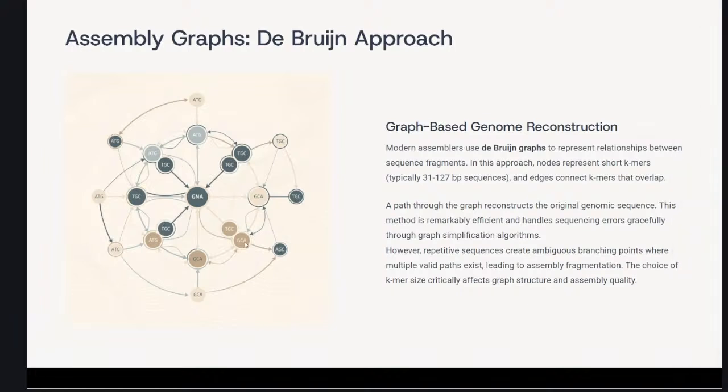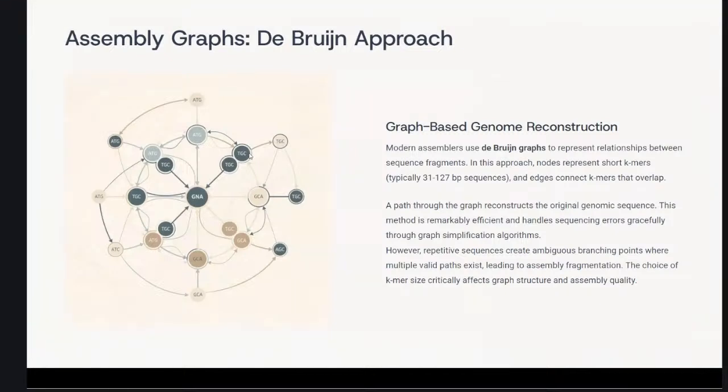It has so many branches, and it is a very intensive task to resolve this and write every single path that is present here. Okay, so this was the de Bruijn graph approach, and there are some more aspects.